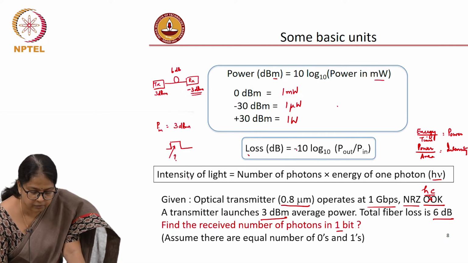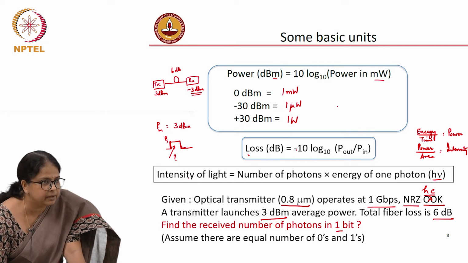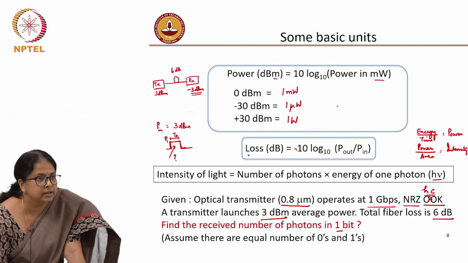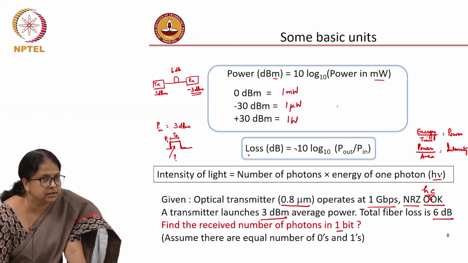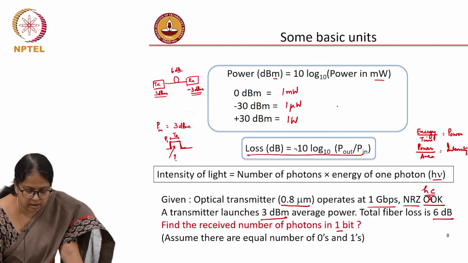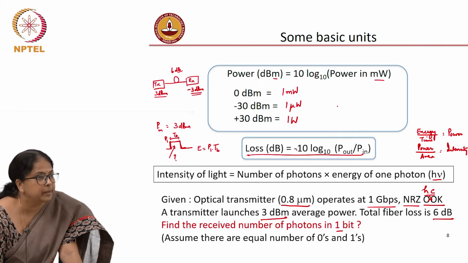Now, to find the number of photons, the peak power P1, multiplied by my bit slot, is going to give me energy. And once I know energy, I can calculate number of photons. So, energy is equal to P1 times the bit duration.